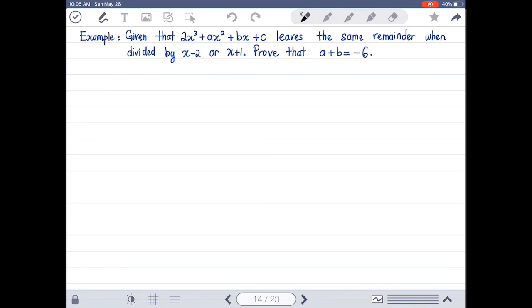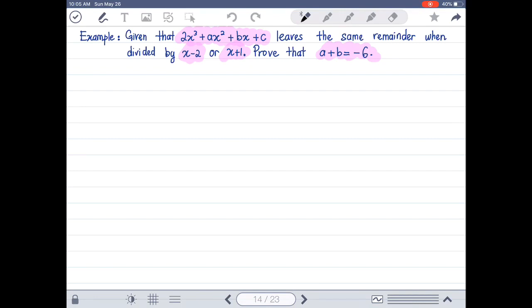Given that 2x to the power of 3 plus ax squared plus bx plus c leaves the same remainder when divided by x minus 2 or x plus 1, prove that a plus b is equal to negative 6. Okay.